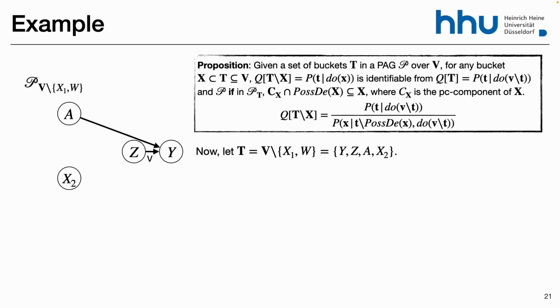This is already kind of the next iteration of the algorithm, but just imagine that this is another example. And imagine now that the T is V minus x1 and w. So it's no longer the entire set V, just a subset of the variables.